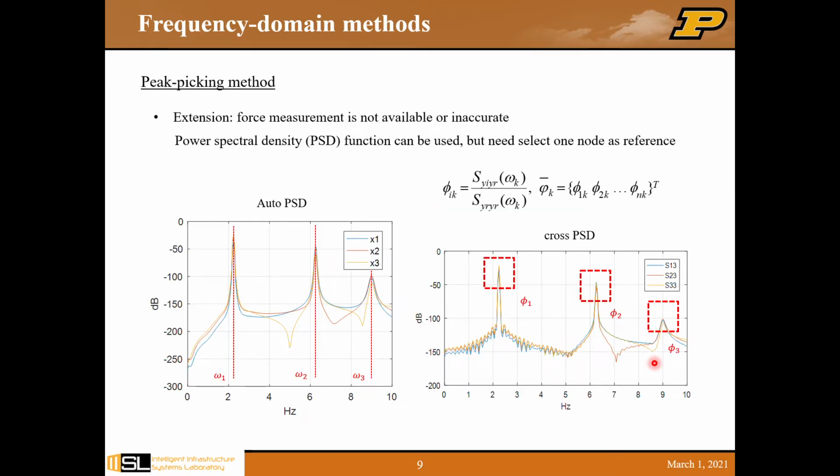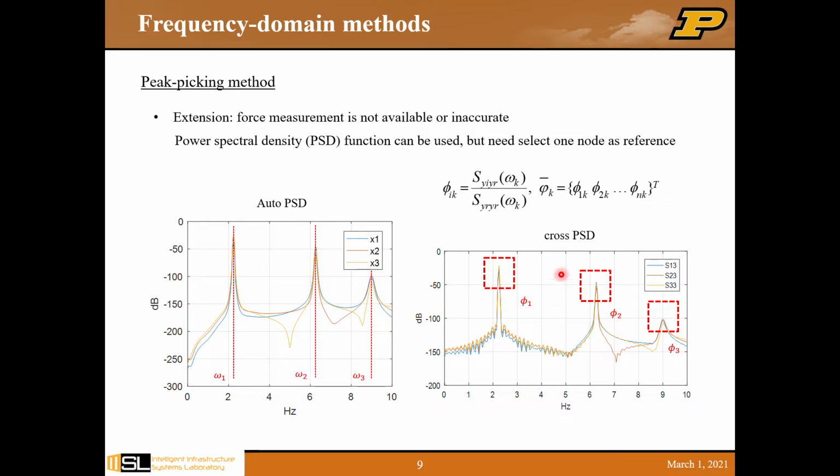Okay, so one extension of the peak picking method is that if the force measurement is not available or inaccurate, instead of using the FRF plot, we can also utilize power spectral density to extract the natural frequency and mode shape. So by checking the auto power spectral density, we can obtain the natural frequency, which is exactly the resonance frequency here, omega 1, omega 2, and omega 3.